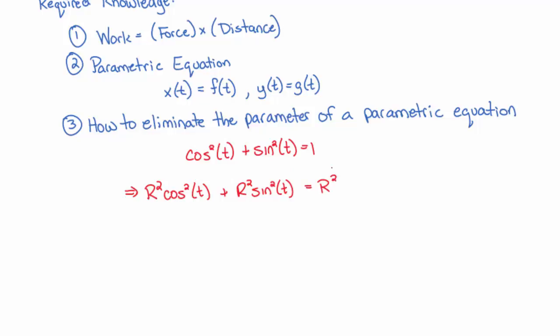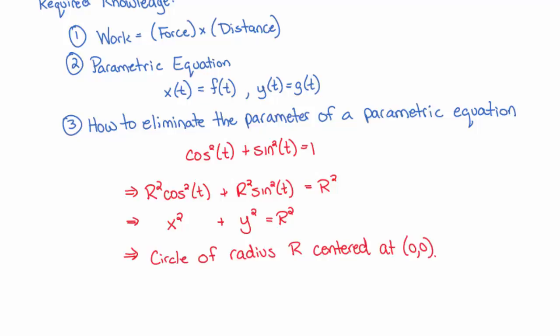So now that we know that r times cosine quantity squared plus r times sine quantity squared is equal to capital R squared, well, we know therefore that x squared plus y squared is equal to r squared, which means from our algebra prereq that we have a circle of radius capital R centered at 0, 0.